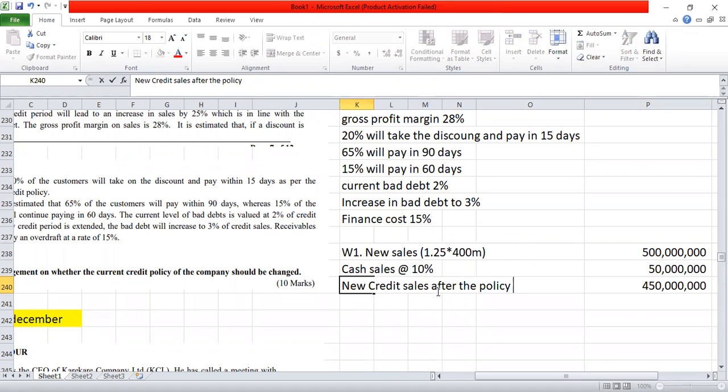They told us that the gross profit margin is 28%.